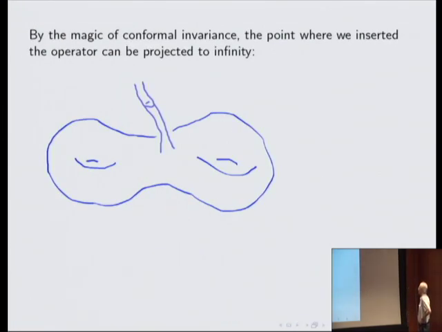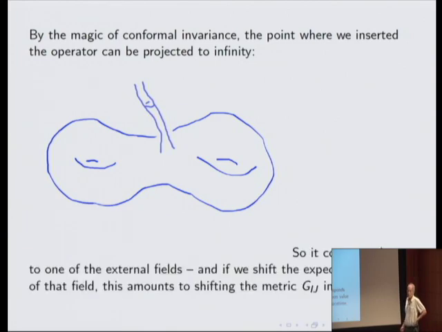But from what I've just told you, by the magic of conformal invariance, the point where we inserted the operator could be at infinity at the end of a long tube, and it could represent an incoming string state. So in other words, there's an incoming string state with the property that the interaction with the incoming string state describes the response to a change in the metric of spacetime.